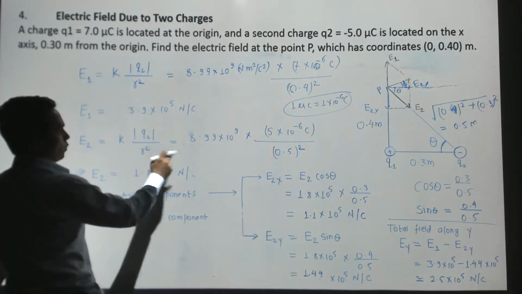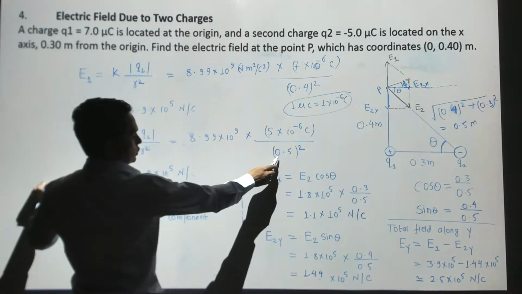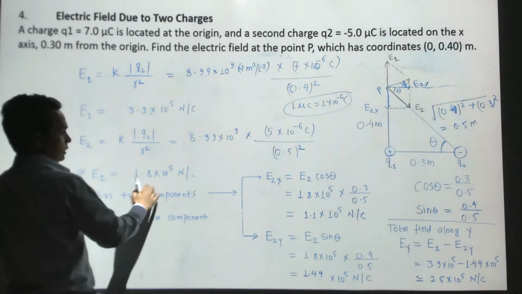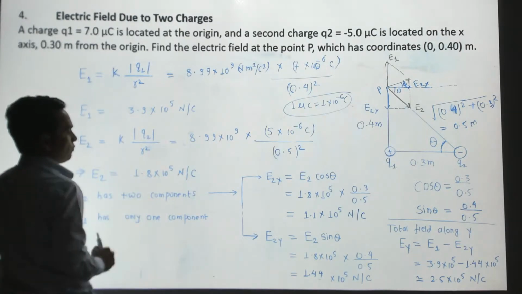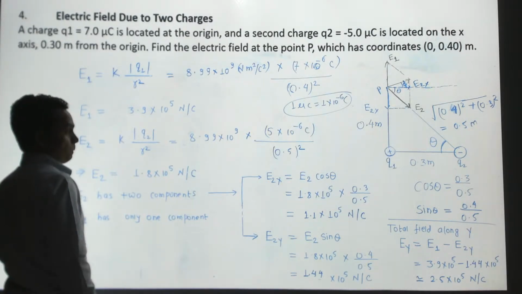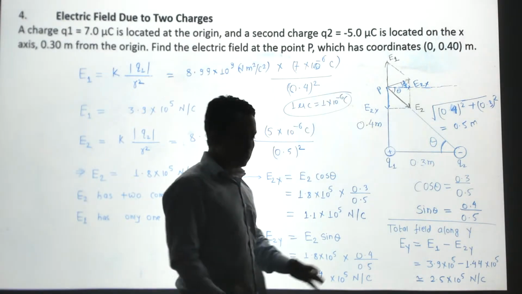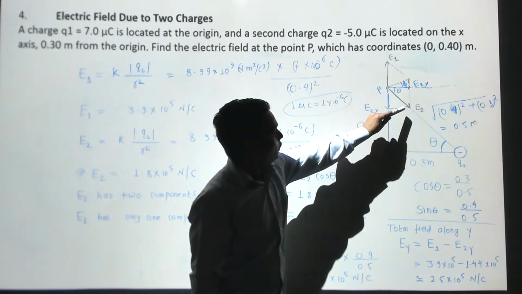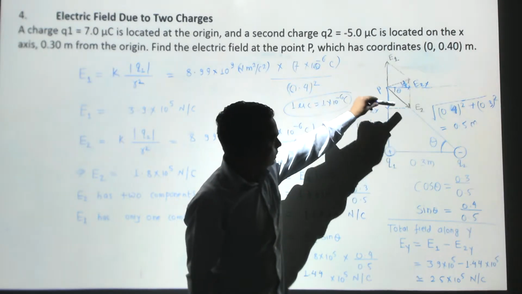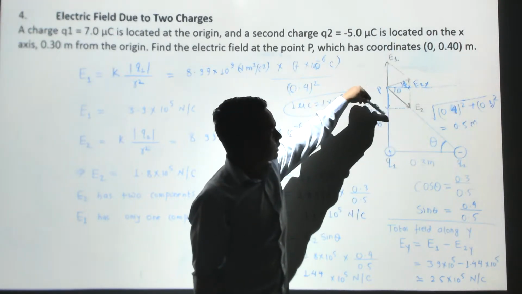What I did was plug in the distance here, 0.5 meter, and solve it. So this value is equal to 1.8 times 10 to the 5 Newton per coulomb. Now, once you have all these magnitudes, you see E2 is somewhere in between the x-axis and the y-axis.